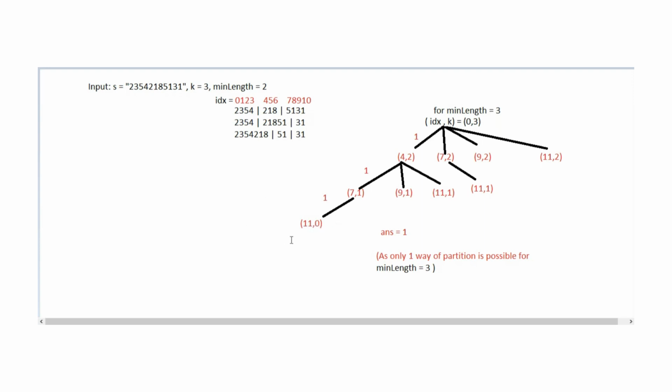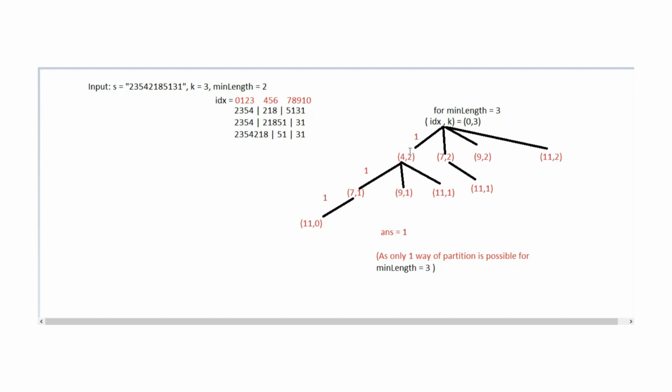So this is our base condition, meaning we have found a valid partitioning. At this time, this will backtrack and return 1, and at the last it will return 1. Similarly, we will do the same for the remaining partitions as well.